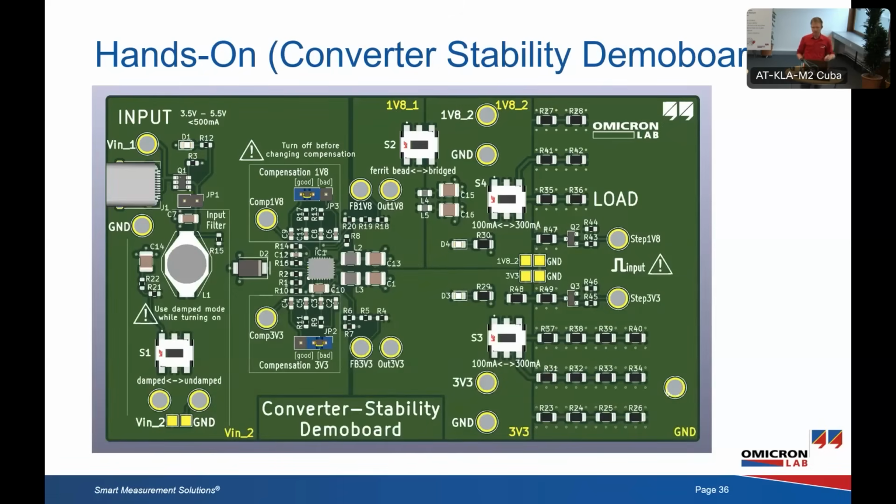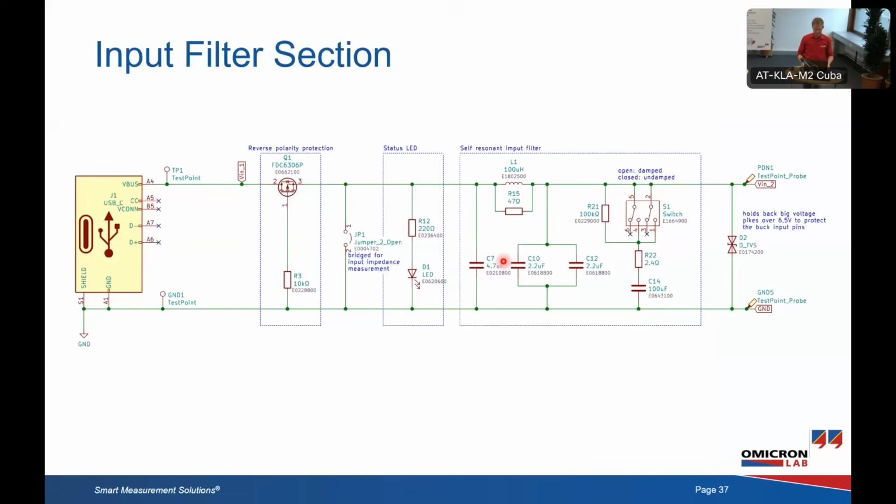That's how the PCB looks like. So that's a picture of the PCB that is here. And currently I have placed the 2-port probe on those 1.8 volt test pads here. Input filter section, some reverse polarity protection, a jumper that is not placed, an LED to show that it's working.